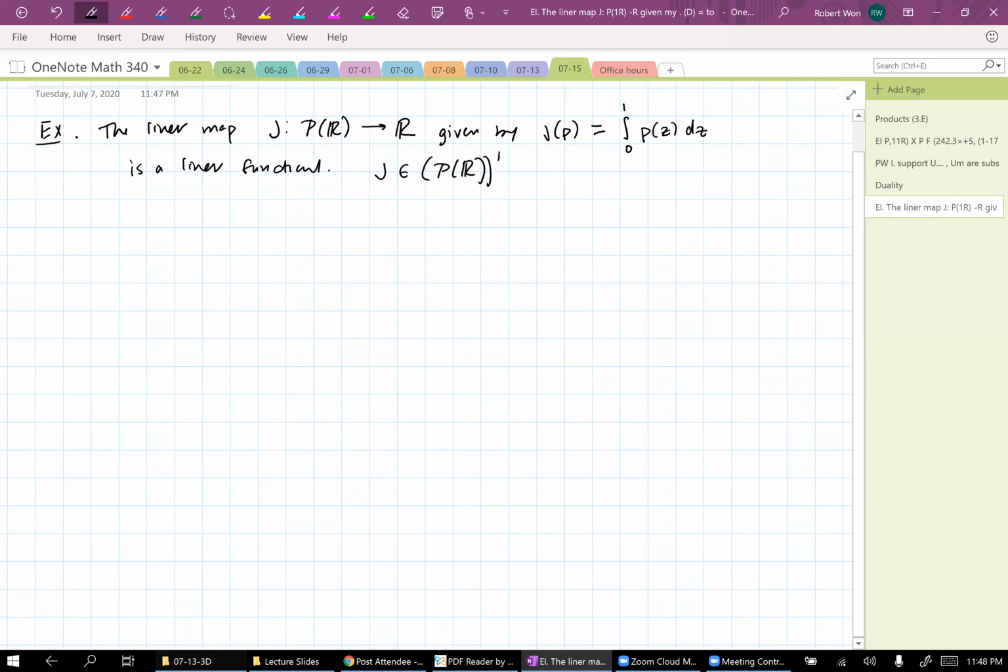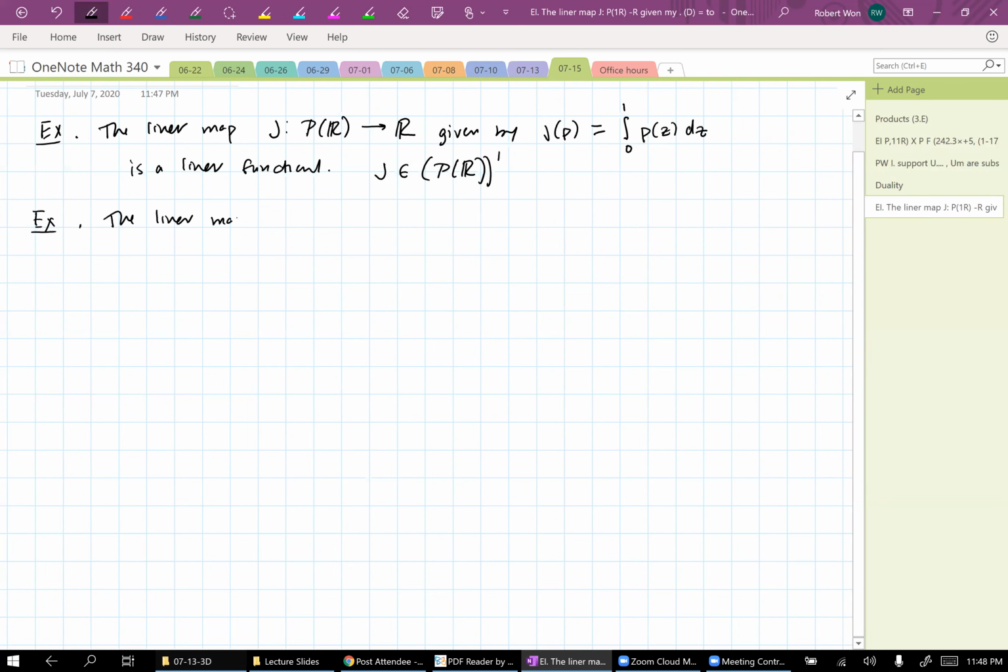Okay, so this seems like a pretty natural linear functional, right? You plug in a polynomial, it tells you something about the polynomial. It tells you the area under the curve between 0 and 1. It spits out that number. Maybe let me give you an even more familiar linear functional.